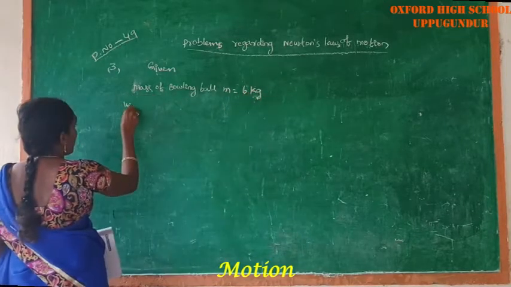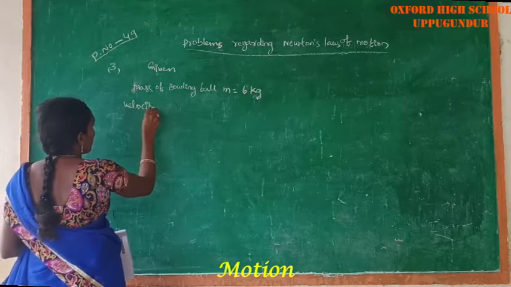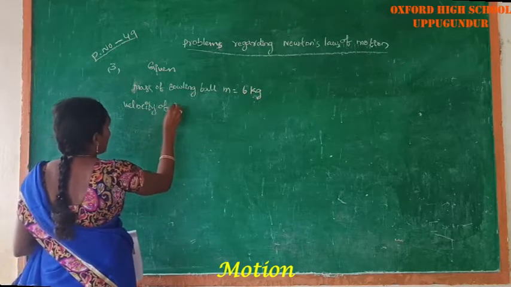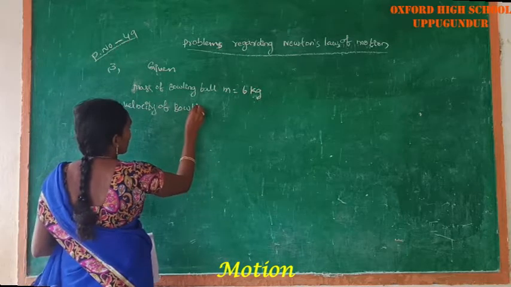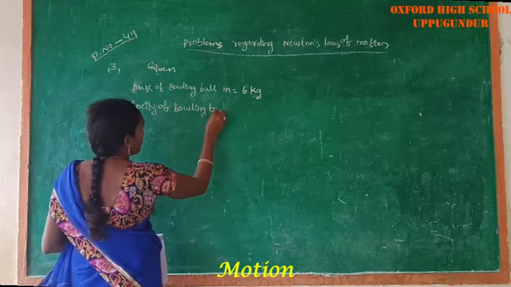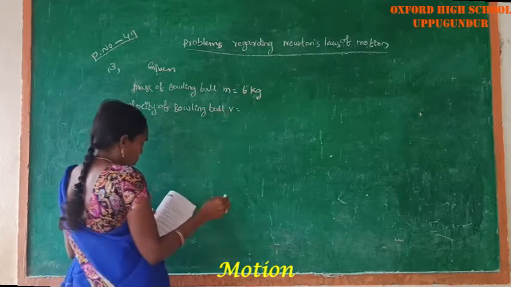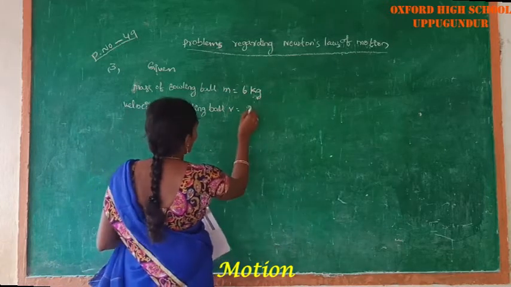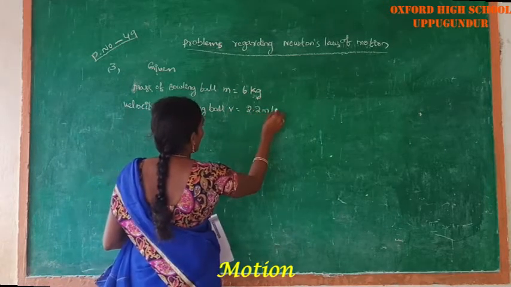And the velocity of the bowling ball, v, is 2.2 meters per second.